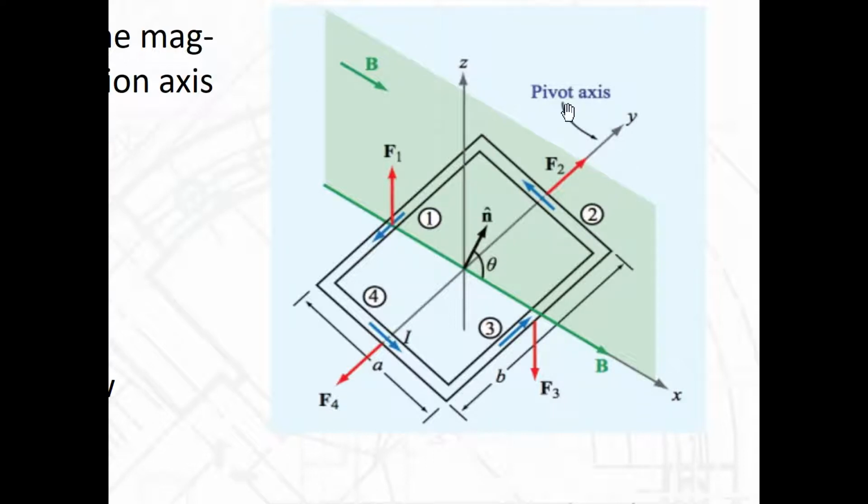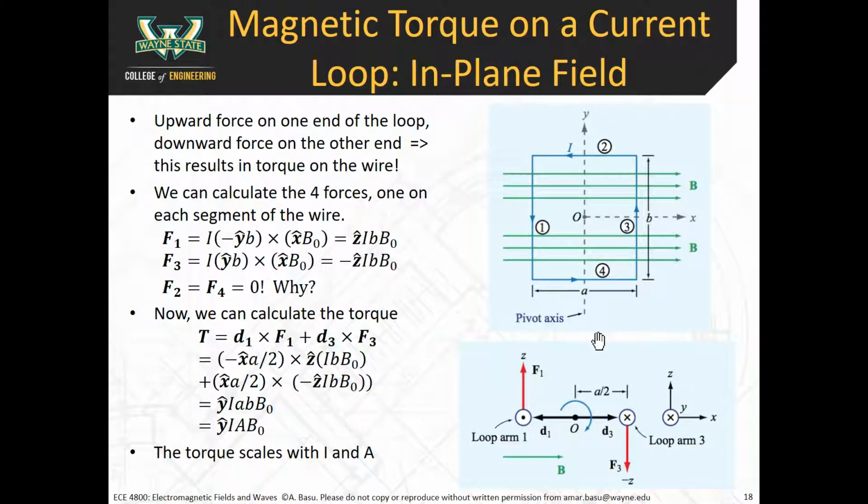Now imagine that this is the figure. This is the angle. Theta is the angle between the plane of the loop and the x-axis. Now, when theta is equal to 90 degrees, that means that the magnetic field is in plane of the loop, just like you see here. So this is when theta is equal to 90 degrees.